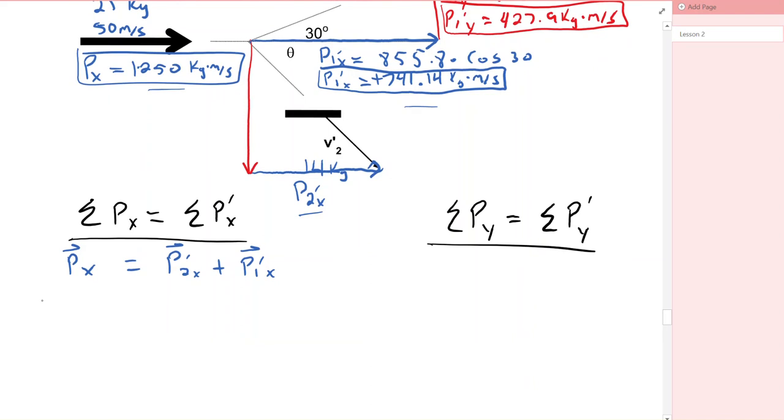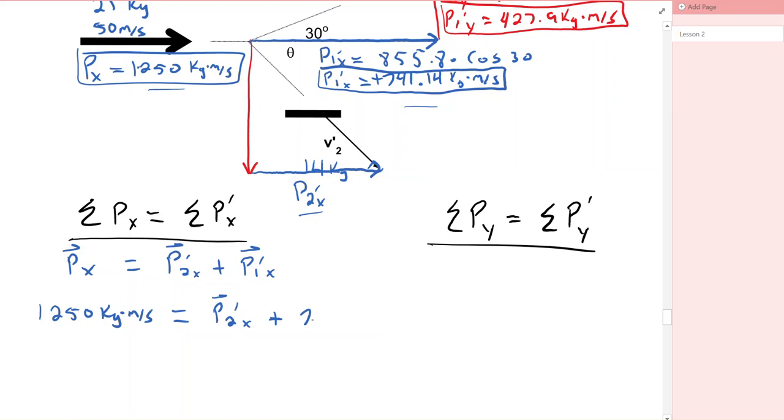So this is to the right. So we've got 1,250 kilograms times meters per second. It's positive, is equal to, and then this is the one we don't know, right? So P2 of x plus, and then we've got plus, I should have just subtracted it from the beginning.